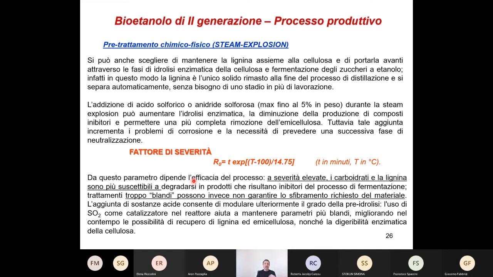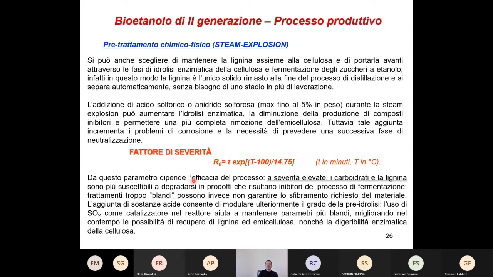You can't use very high severity parameters because if you increase temperature, pressure, the time you wait, you can also produce a lot of inhibitory products that block the fermentation and also the hydrolysis in some cases. So you have to find the correct compromise between severity and the residual products in the steam exploded material.